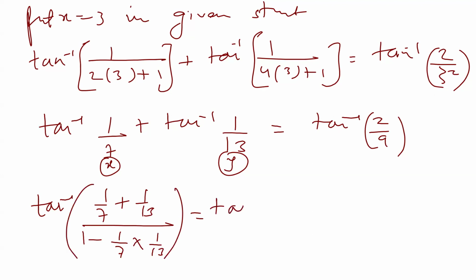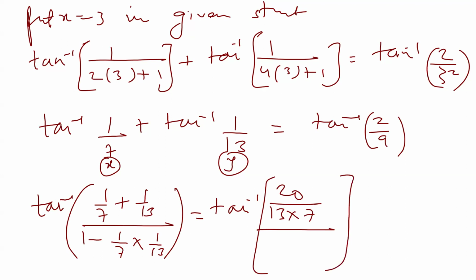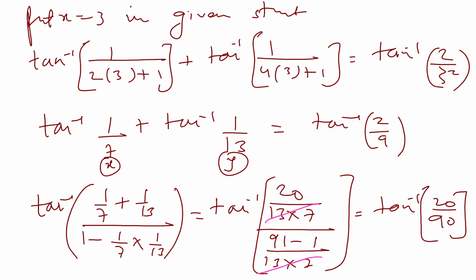Tan inverse of 13 plus 7, that is 20, upon 13 into 7, which is 91, minus 1. Cancellation. So 20 upon 90, which is tan inverse of 2 by 9. So that means x equal to 3 is one of the solutions.